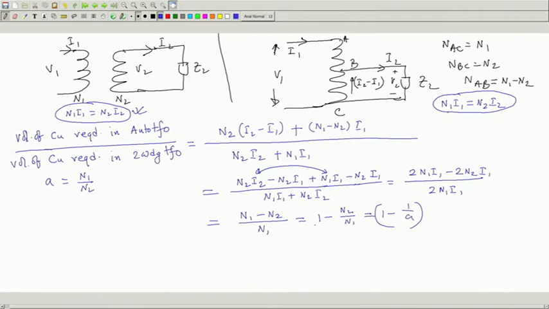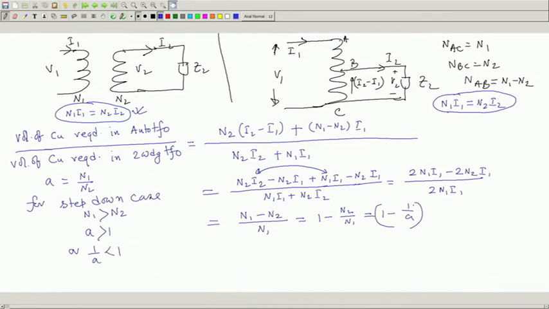So, value of A for step down case, N1 is greater than N2, which means that A is greater than 1, or 1 by A is less than 1.